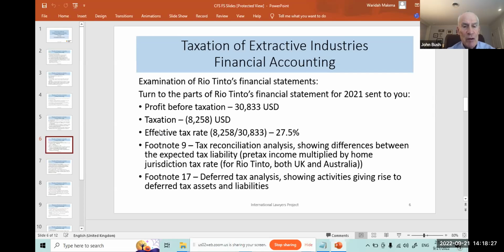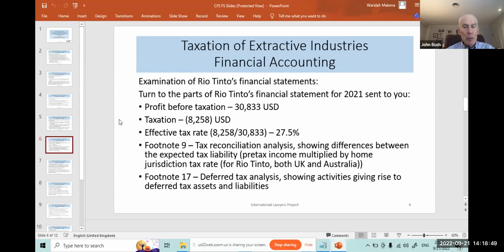Its profit before tax was 30,833 million in US dollar terms. It paid 8,258 in taxes, and so its effective tax rate, just doing the math, is 27.5%.